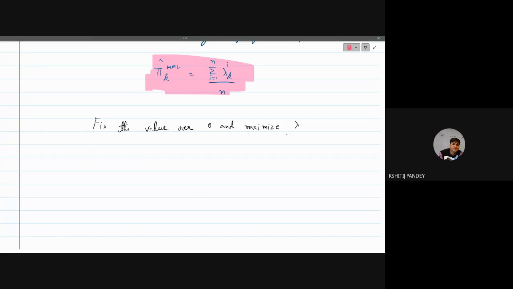So in that case, let's again write the value of the modified log likelihood. What is your modified log likelihood?